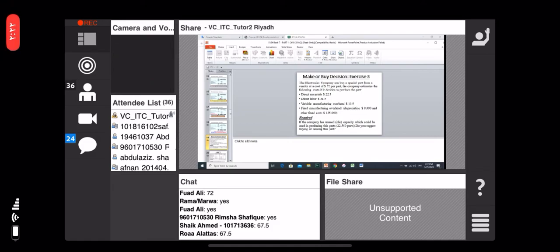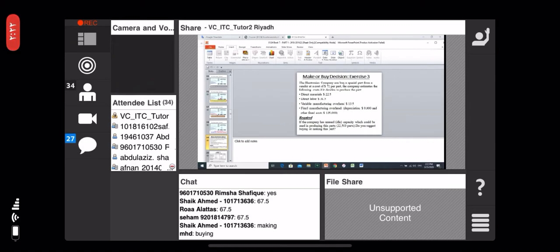So here 67.5 and purchases cost 72. So will your decision go to making or to purchases? Yes, to make. You will go to making because the purchases cost exceeded the making cost.